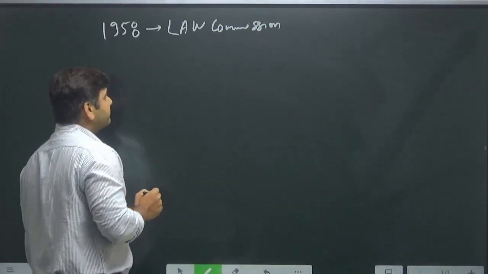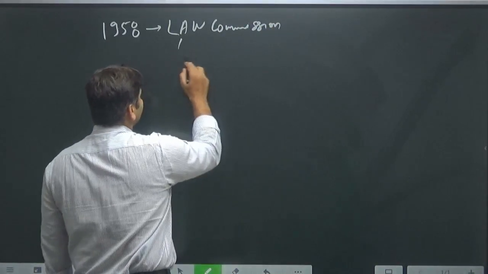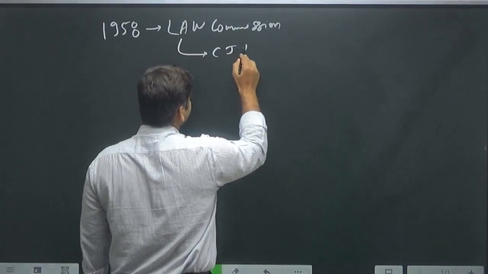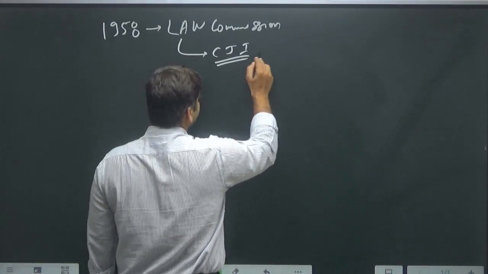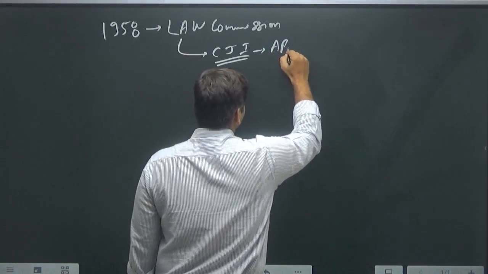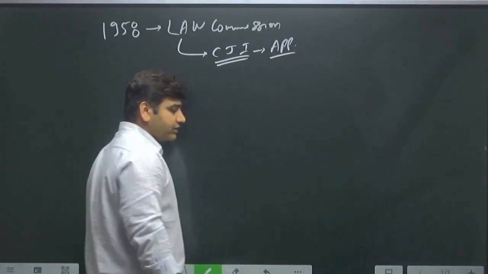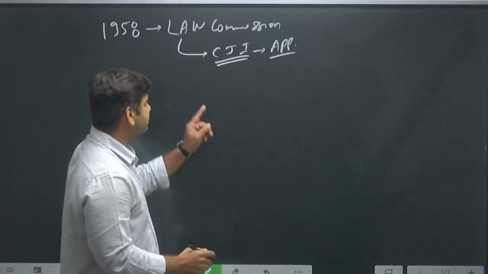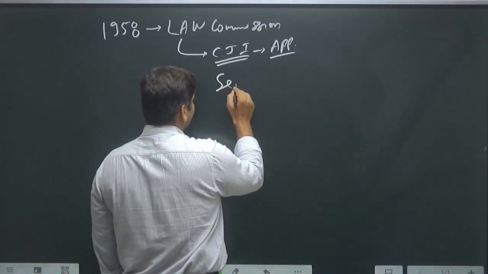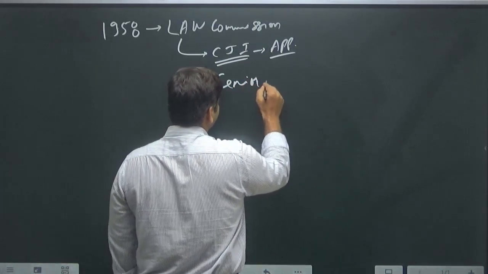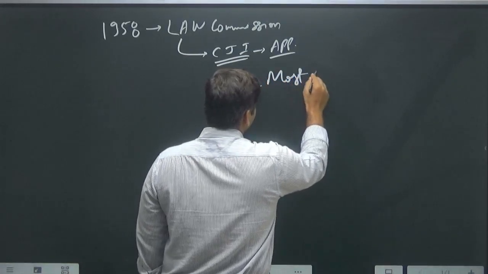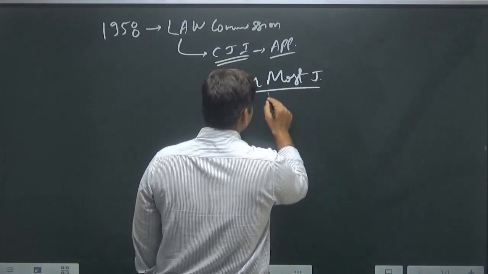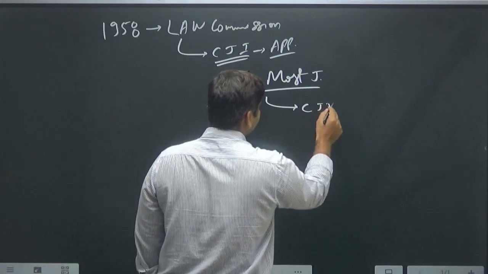This Law Commission report of 1958 talked about the Chief Justice of India and its appointment. Historically in India, after the constitution came into force, the senior most judge of the Supreme Court became the Chief Justice of India.